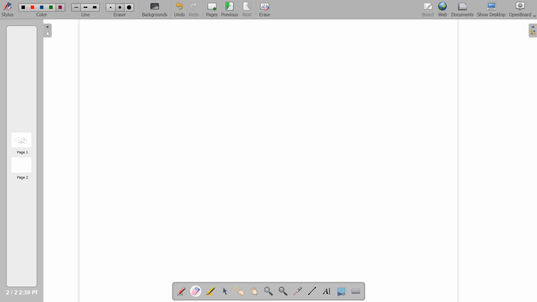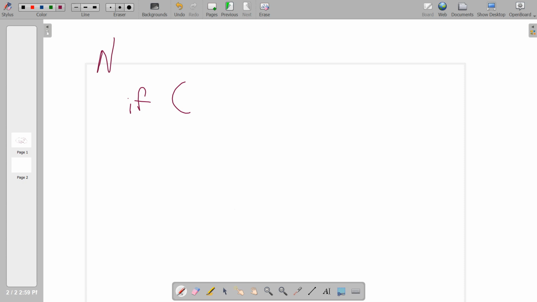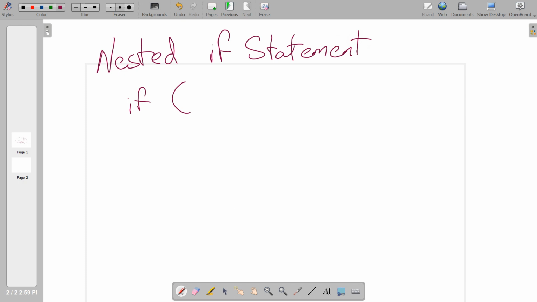It is where we have an if statement, and if we have some condition is equal to true, what we might want to do is further validate an instruction before we can actually do an instruction. A nested if allows us to do this.